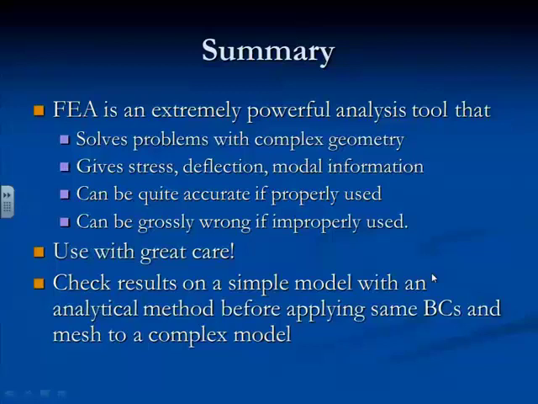But I'm going to simplify the geometry so I can actually do a hand calculation. And then I'm going to set that model up with what I think are the right boundary conditions. And I play with the boundary conditions until I get the same sort of deflection I'm getting in my analytical model. And now I know I've got the boundary conditions approximately correct.